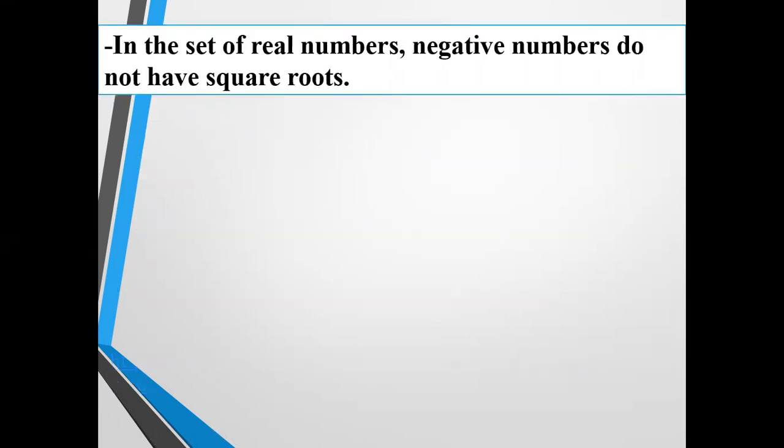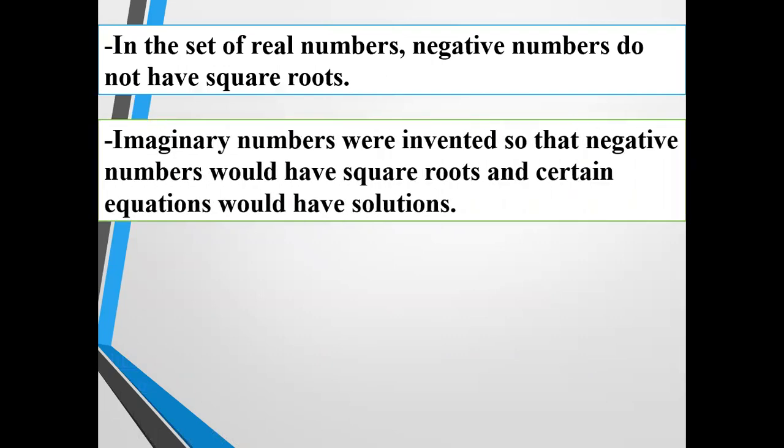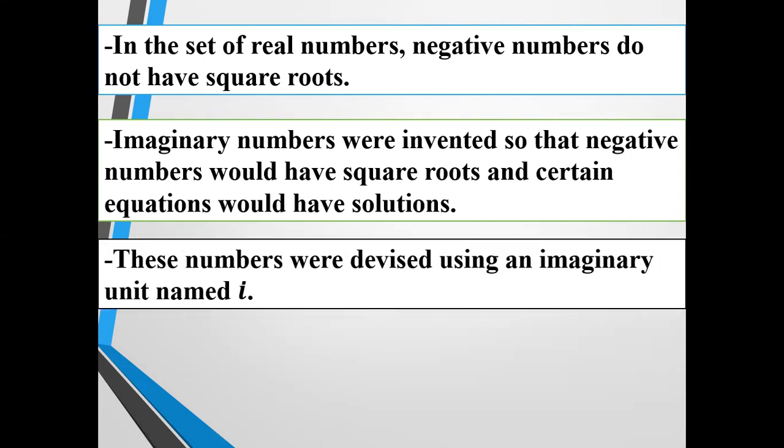So in the set of real numbers, negative numbers do not have square roots. We have been able to agree on that. Then imaginary numbers were invented so that negative numbers would have square roots and certain equations would have solutions, because in the past there were no solutions to some mathematical expressions. So these numbers were devised using an imaginary unit i.